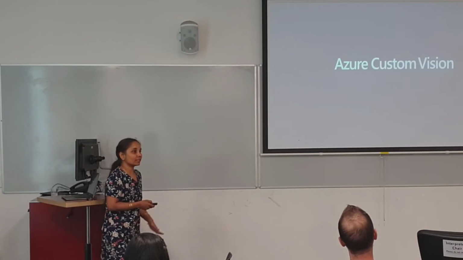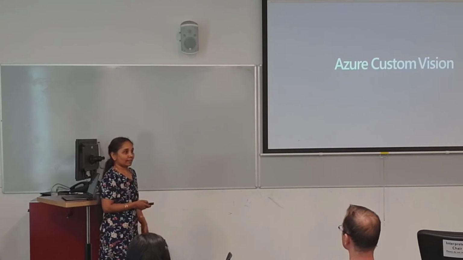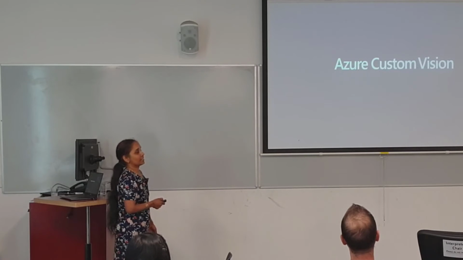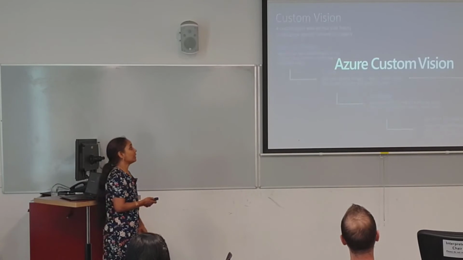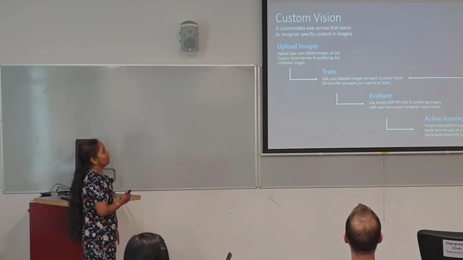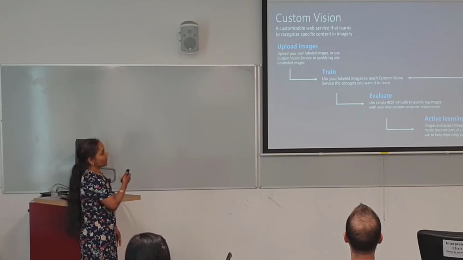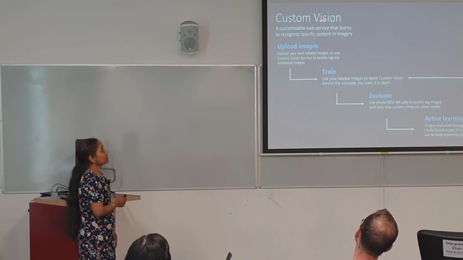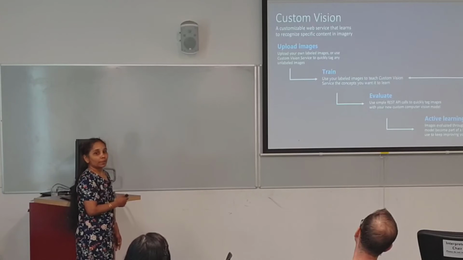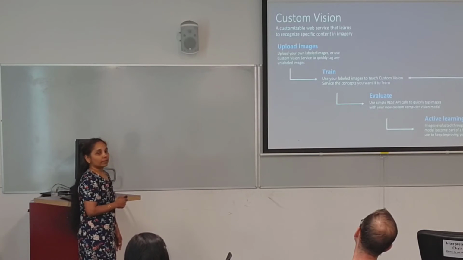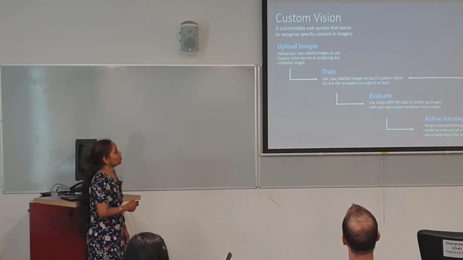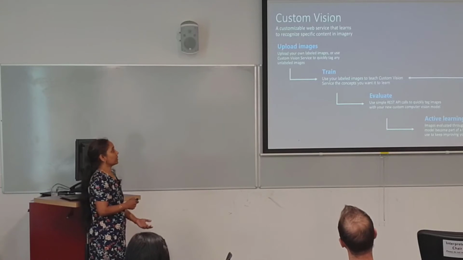Azure Custom Vision. What does custom mean? No answers? Do your own one. Yes, that's the best answer. Okay, so what does custom mean? Custom Vision, basically these are the simple steps that you need to follow. First, you are uploading your own images and training the service to label the images and identify the images.